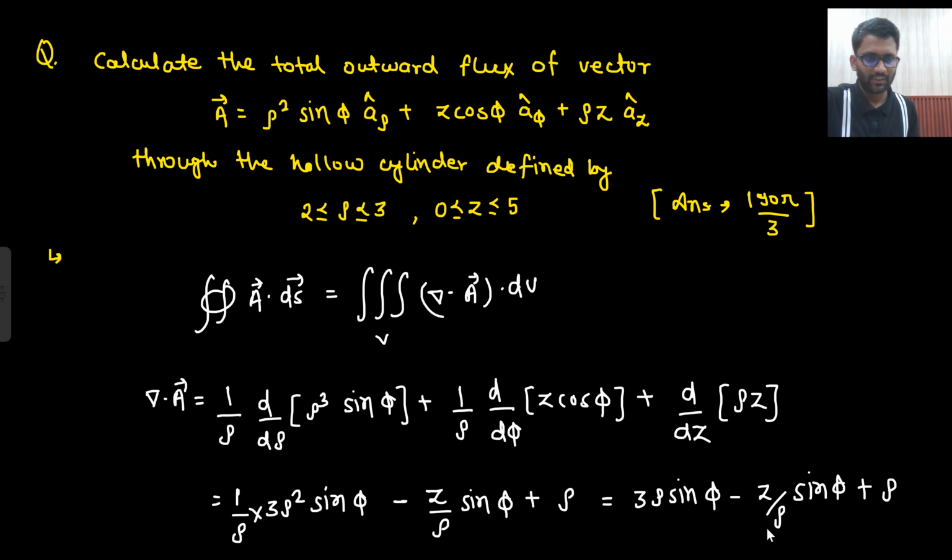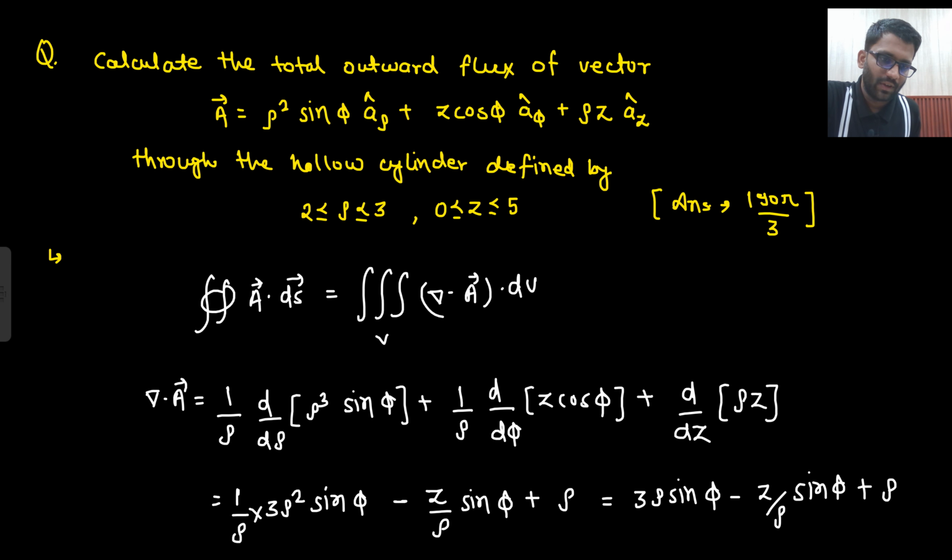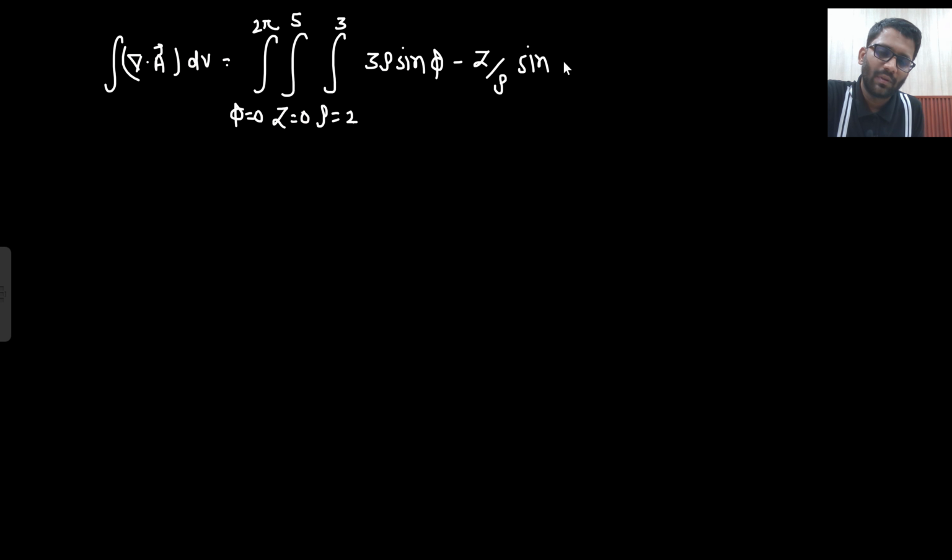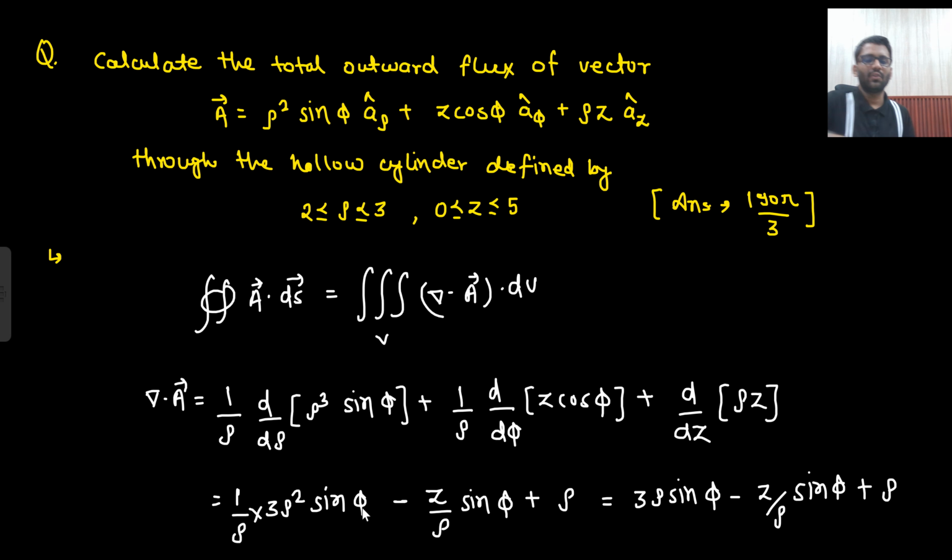Then this much big function will come: 3 rho sin phi minus z by rho sin phi plus rho, times rho d rho d phi dz. There is very high chance of calculation error in these kind of problems.